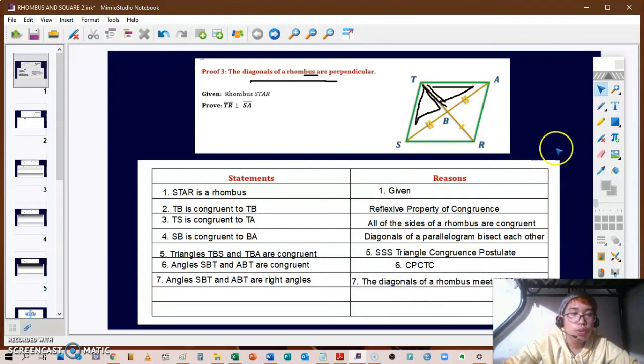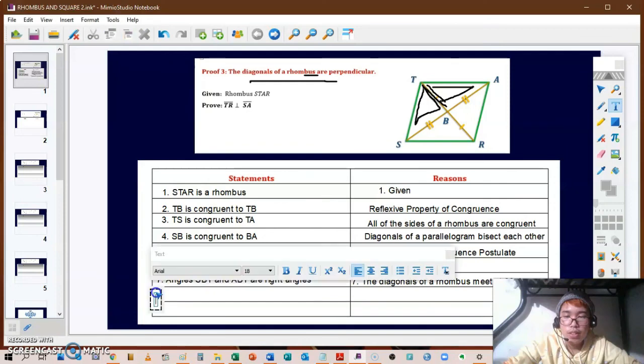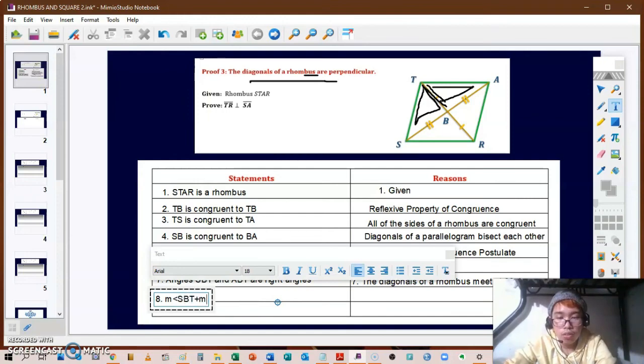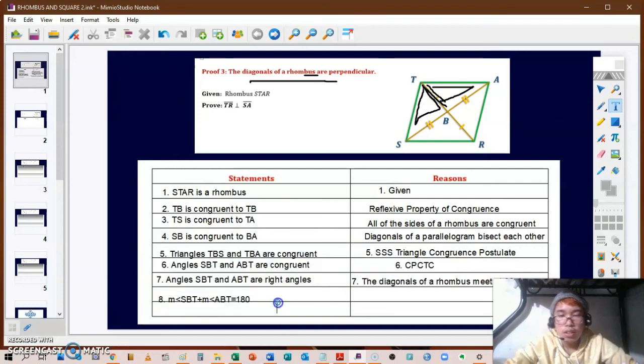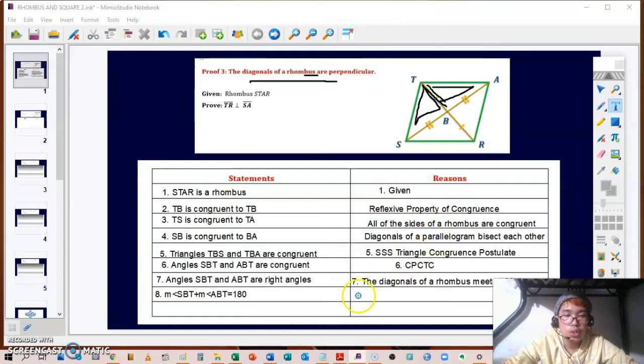Therefore, for number 8, the measure of angle SBT plus the measure of angle ABT is equal to 180 degrees. The reason for that is the angle addition postulate.